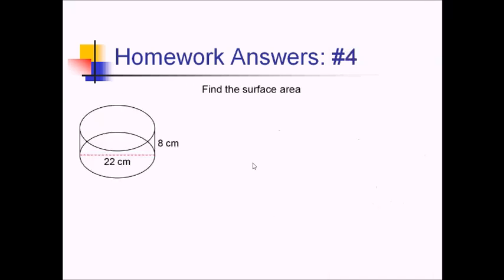For number 4, they want the surface area of this cylinder. And since they didn't say lateral, they mean the total surface area. So we need that formula. That's going to be 2 pi RH plus 2 pi R squared, or vice versa. Either way, we've got the area of the two bases plus the lateral area here.